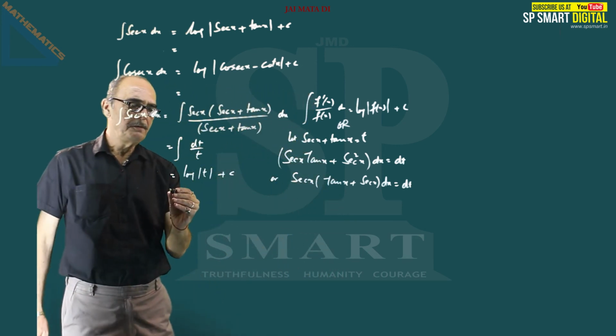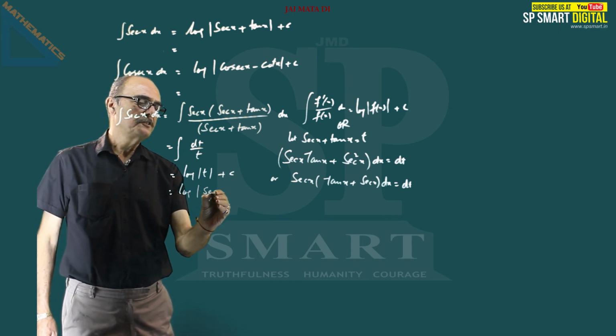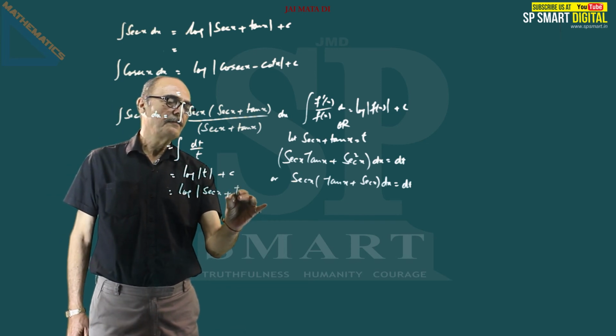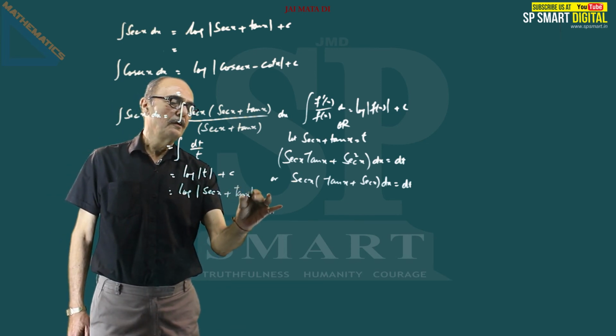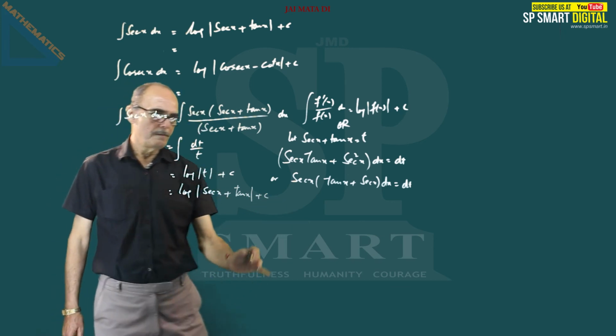Now, replace t by log of secant of x plus tan of x plus c. This is the first form.